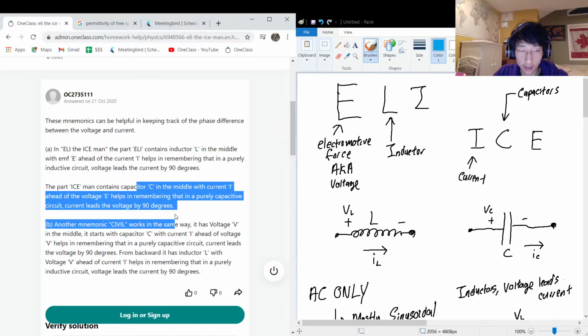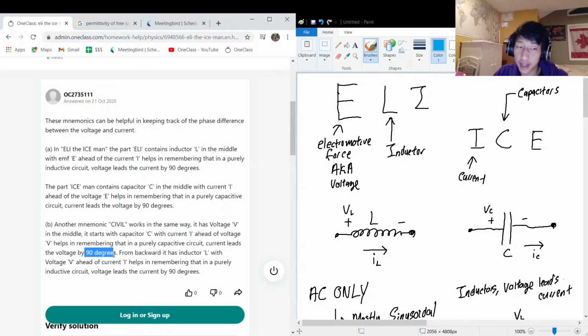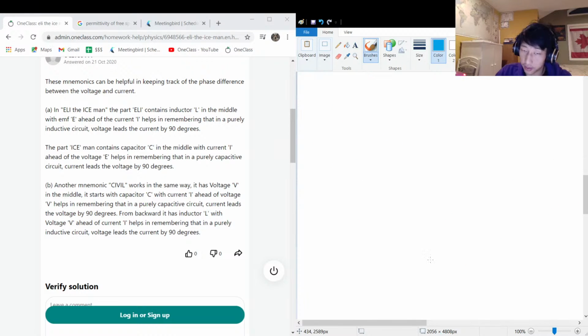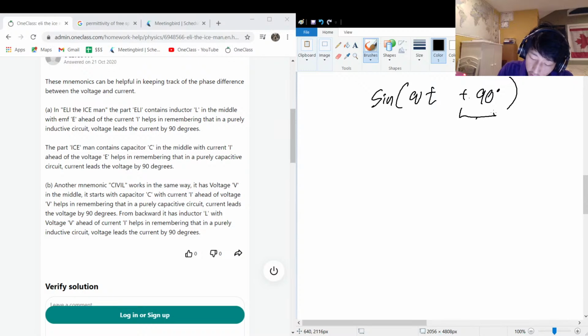And the amount that they lead by is 90 degrees. So you would just have a plus 90 degrees in the term of the sinusoid. I'll write it down here so it's a little bit more clear. You might have something like sine omega t plus 90 degrees for the leader.